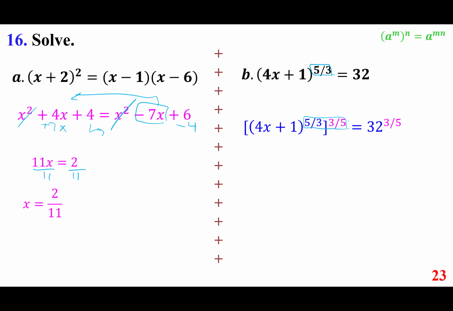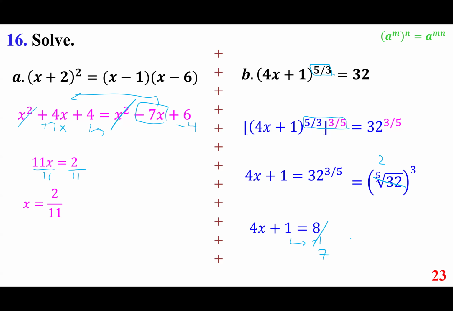We are using this format: a to the power of m, to the power of n, is a to the power of m times n. And so all we have to do is work on the right side. This is the fifth root of 32, to the power of 3. The fifth root of 32 is 2, cubed it becomes 8. Subtract 1 becomes 7. Divide by 4. That's the final answer.